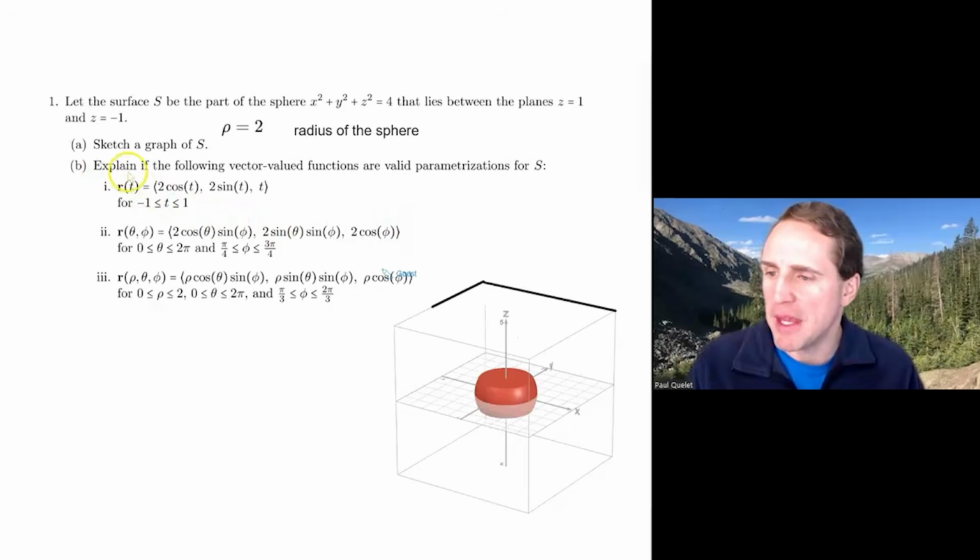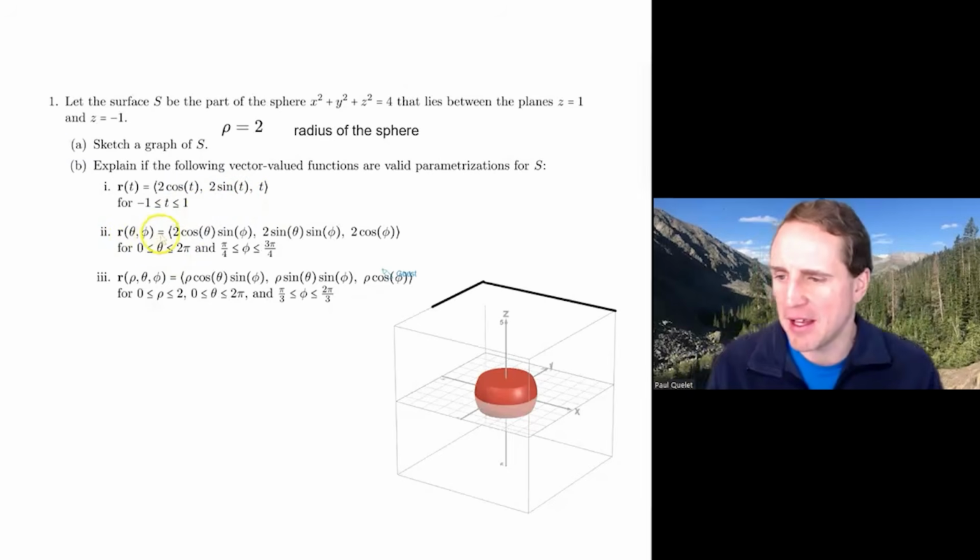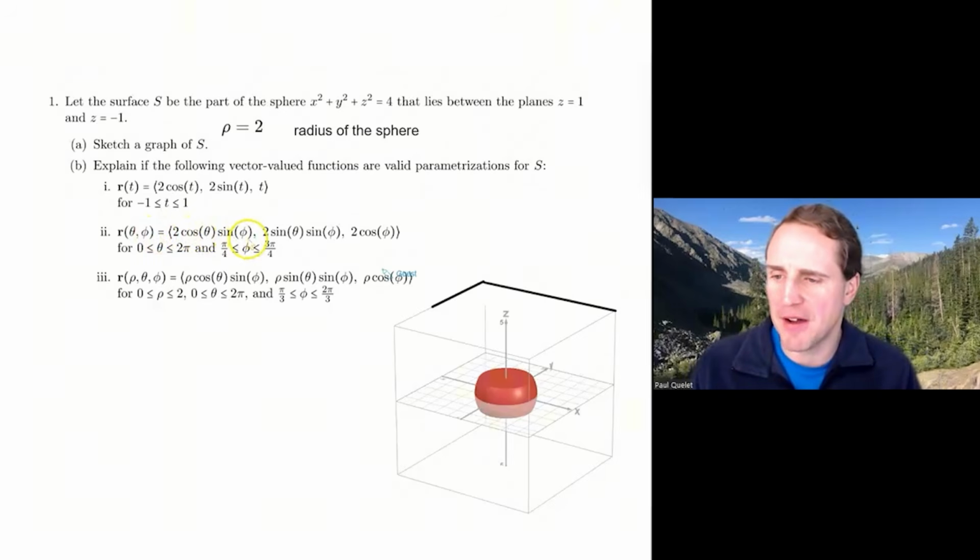Then it says part B, explain if the following vector valued functions are valid parameterizations for S. So we have r of t being 2 cosine t, 2 sine t, comma t, for t between 0 and 1. Then we have r of theta and phi being 2 cosine theta sine phi, comma, 2 sine theta sine phi, comma, 2 cosine phi. Theta going between 0 and 2 pi, and phi going between pi over 4 and 3 pi over 4.